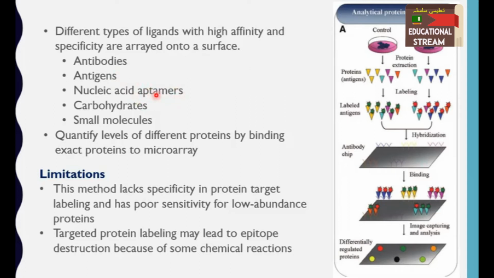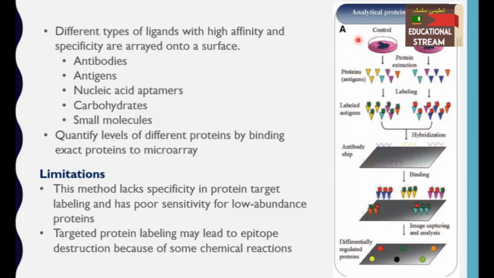You can consider aptamers as single-stranded oligonucleotides of known length, just like the primers that we use in PCR reactions. Then these could be carbohydrates or small molecules. So we quantify levels of different proteins by binding exact proteins to the microarray, with which they make the exact interactions. They will interact with the exact kind of antibody which was coated on the microarray.